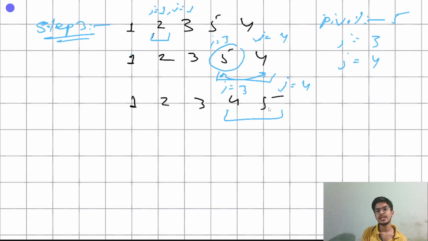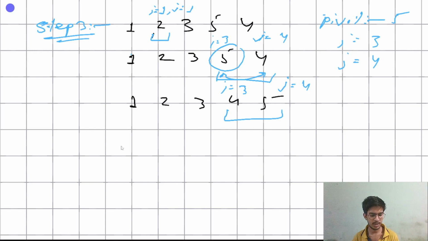And in the j, we'll say if the pivot has some lesser value on the right hand side, 5 is not less than 5, so it will decrement it. Basically it found a check, that's why it stopped here, and it didn't find a check, that's why it is decremented.